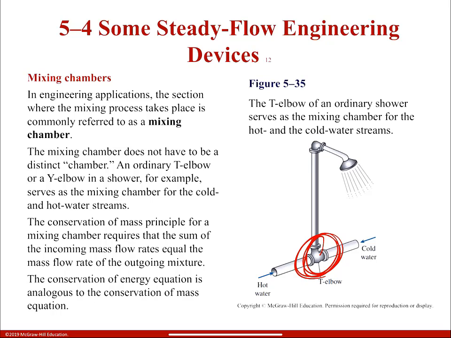Okay, the conservation of energy analysis is simple to do. What we need to know is that Q is close to zero. They don't produce work, so W is also close to zero. Delta KE is close to zero. Delta PE is also close to zero. So the energy that comes in should be equal to the energy that comes out.